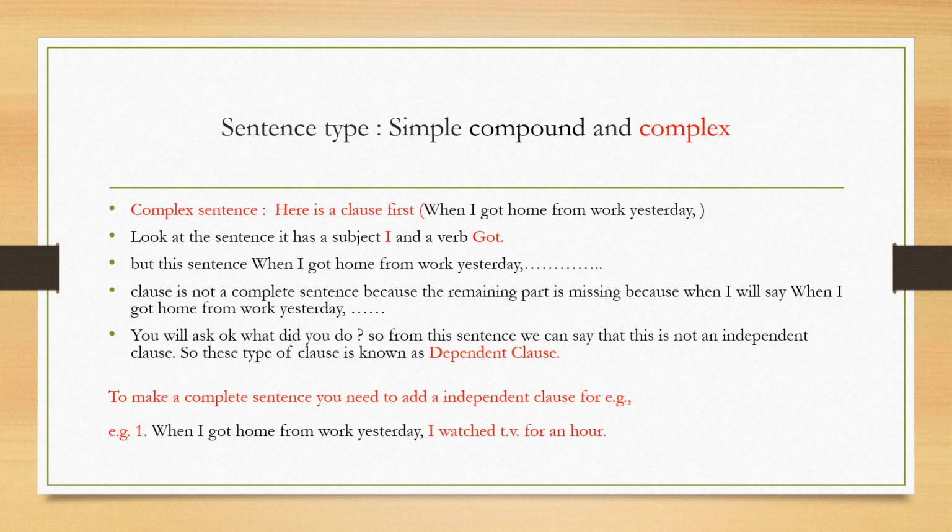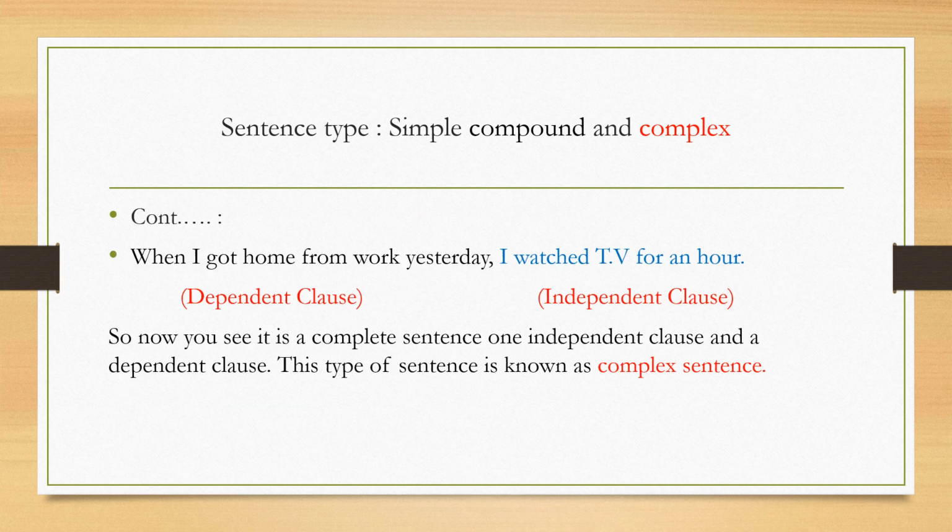When this kind of example has been given, it is known as a complex sentence. When I got home from work yesterday, I watched TV for an hour. Dependent clause and independent clause.